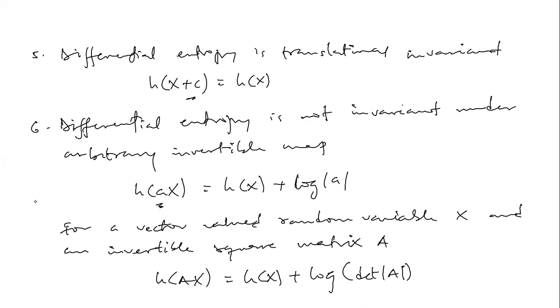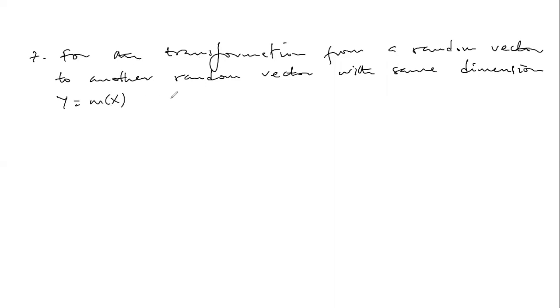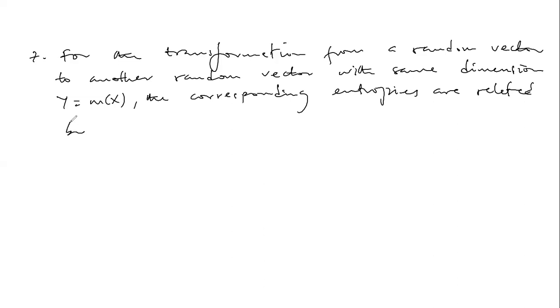Then another interesting property is that for the transformation from a random vector to another random vector with the same dimension, say Y equals m(X), the corresponding entropies are related by the Jacobian, right?